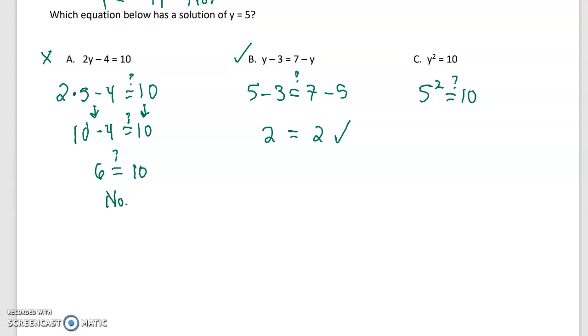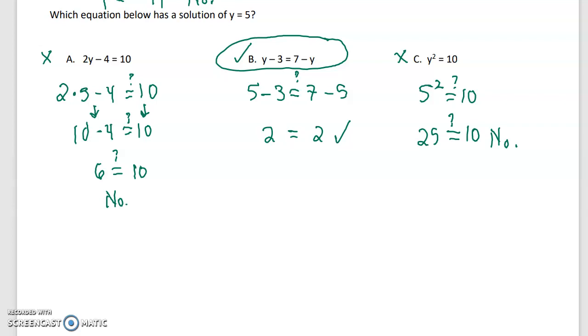So remember, 5 squared is really 5 times 5. It's not 5 times 2, and that is 25. Does 25 equal 10? No, it does not. So this also does not have a solution of y equals 5, and so our only answer to this question is equation B. That has a solution of y equals 5.